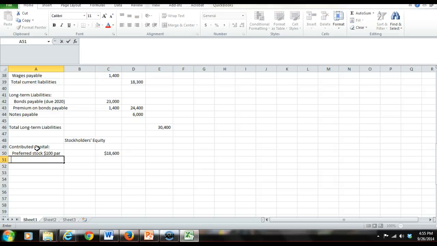Then we will have our common stock at $10 par for $2,700.